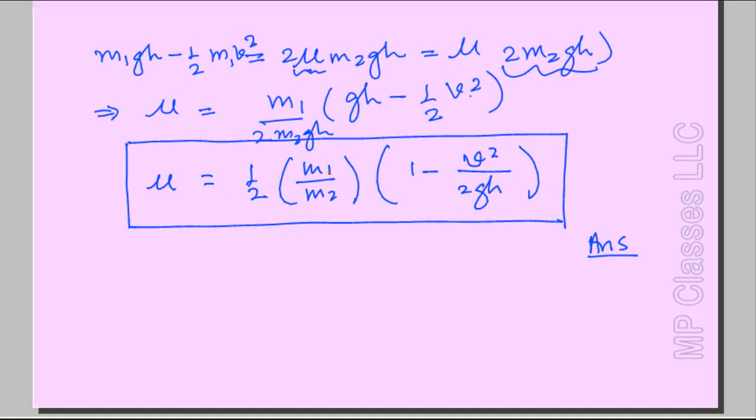So anytime you have these two masses given, M1, M2, the velocity given and the vertical descent is given, you can find the coefficient of friction.